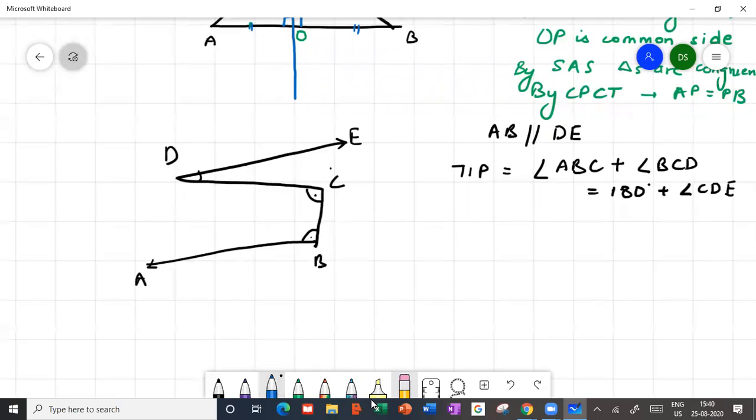Okay, so basically they extended this line. They're saying extend this line, and what else? Extend this line here. And CB.